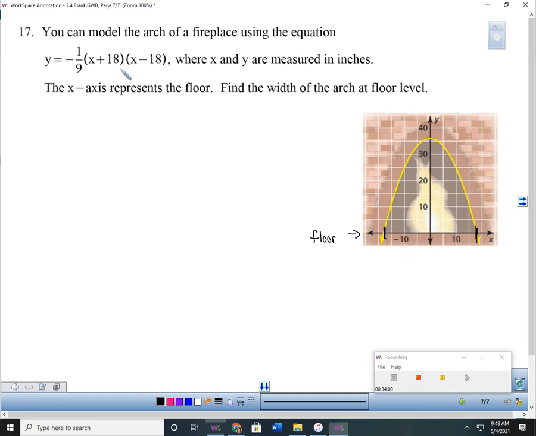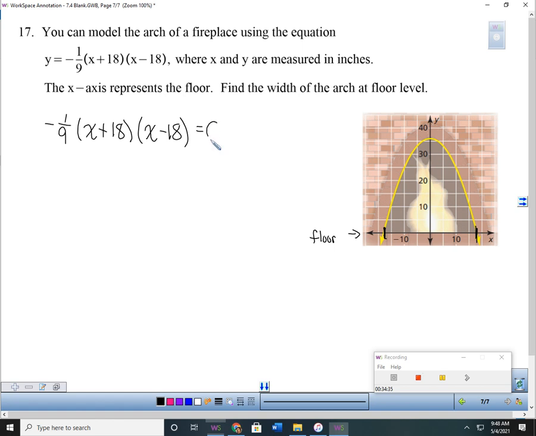Well, if you look at your equation, it says that the floor is the x-axis, right? Well, when we do an equation and we factor it and we solve it, how high up are you from the floor if you're on the floor? So if I'm on the floor, how far am I away from the floor?